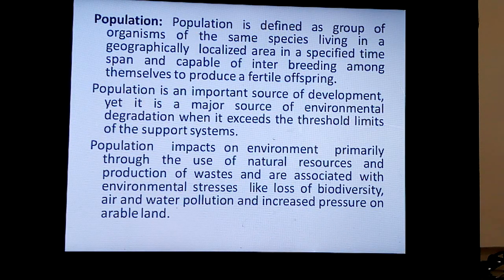Population impacts the environment primarily through the use of natural resources and production of waste, and is associated with environmental stresses like loss of biodiversity, air and water pollution, and increased pressure on arable land.